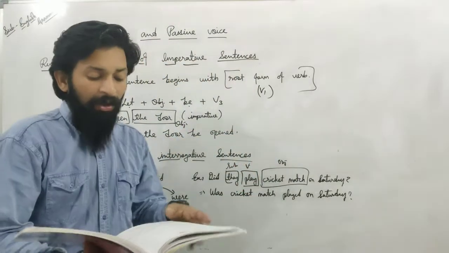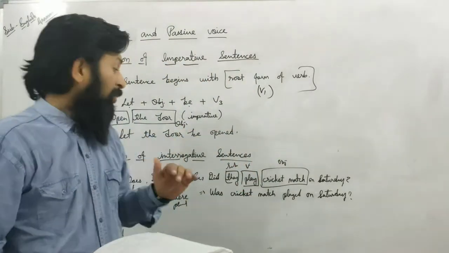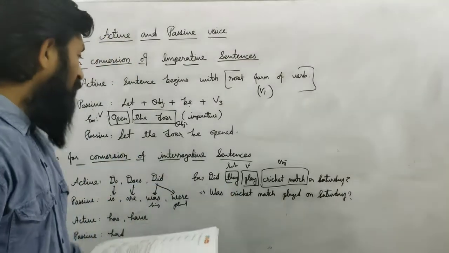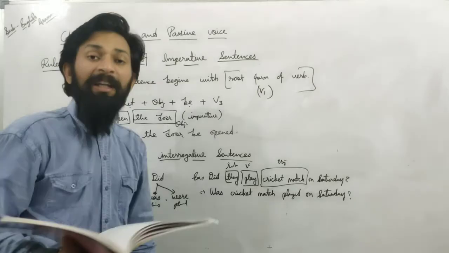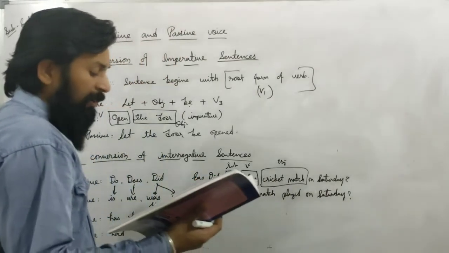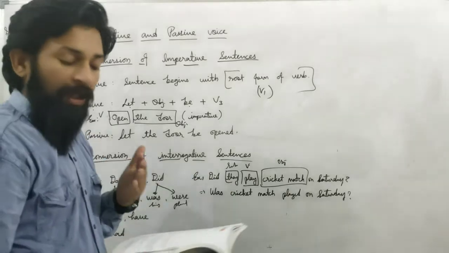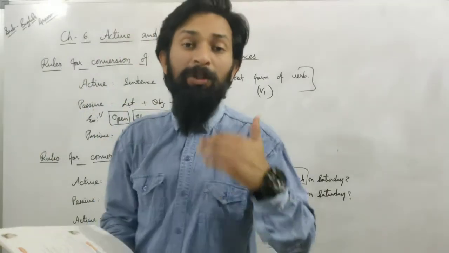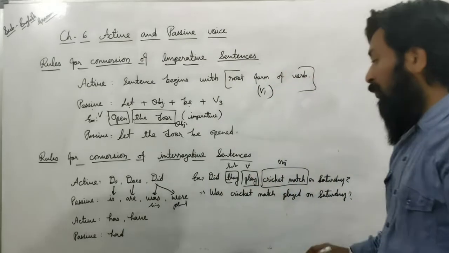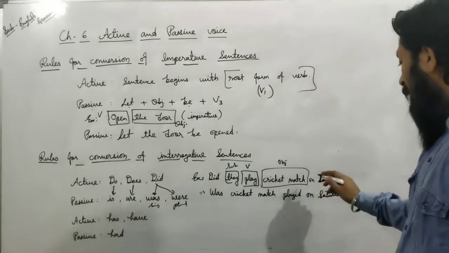But dear students, you have to note one thing here. There is no need to write the subject here, because it is an interrogative sentence, and mostly in an interrogative sentence we don't write the subject part, because it is not necessary. Whenever we change an interrogative sentence from active to passive, we generally follow this type of rule, like Did they play cricket match on Saturday.